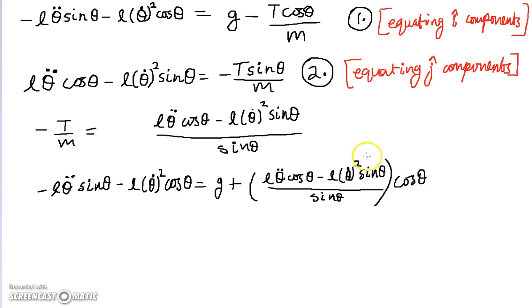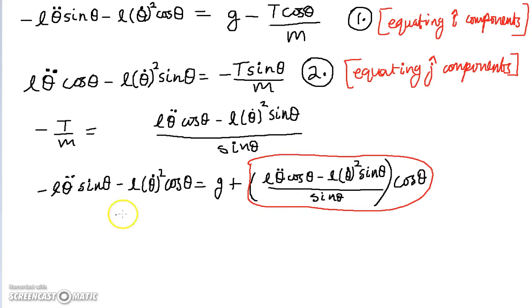Now, we have a sine theta in the denominator of the expression on the right side of our equality. We're going to get rid of that by multiplying both sides of the equation by sine theta. I'm just going to expand it all out on the left, otherwise it's going to take way too long.